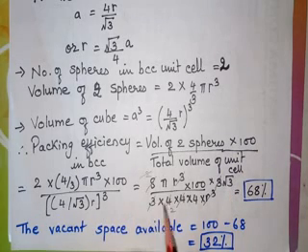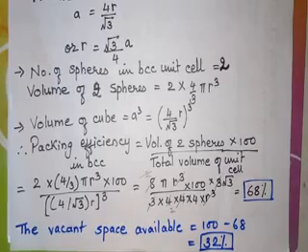Now as we substitute the value of pi as 3.14 and calculate this, we get it as 68%. So the packing efficiency in case of BCC is 68%, and the space which is not utilized, that is the vacant space available, is equal to 100 minus 68, that is 32%.